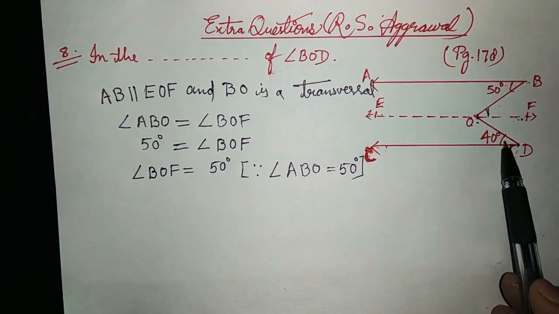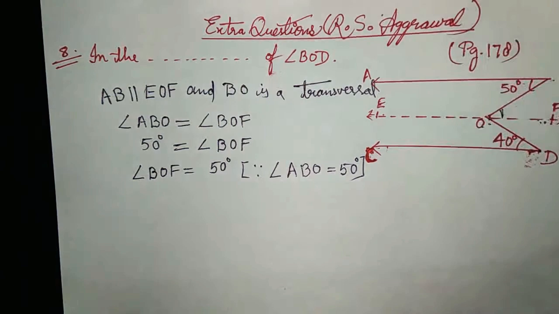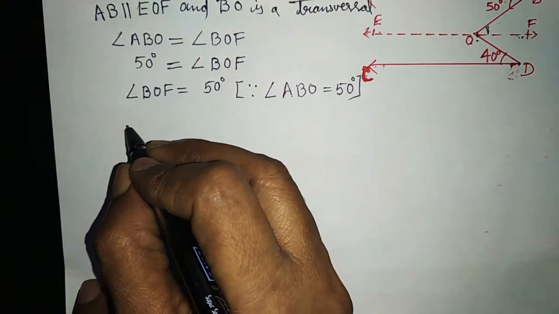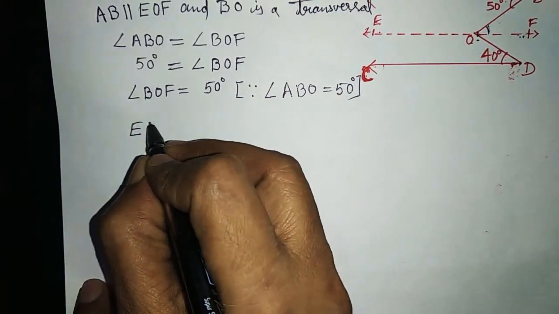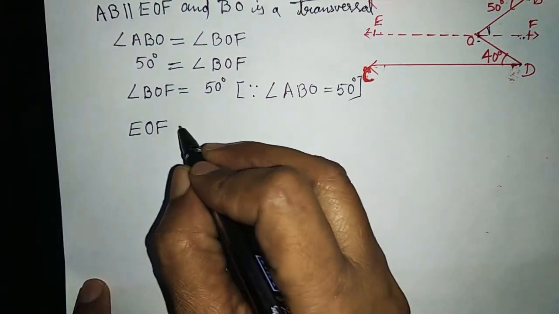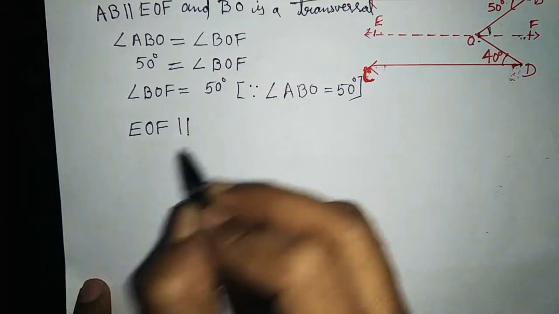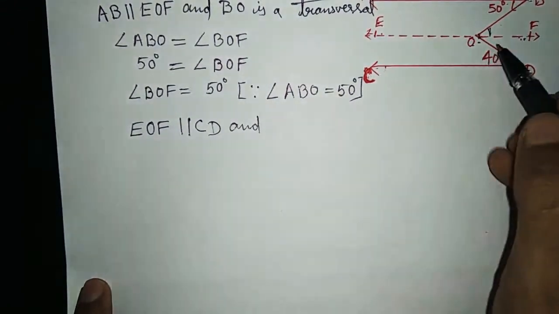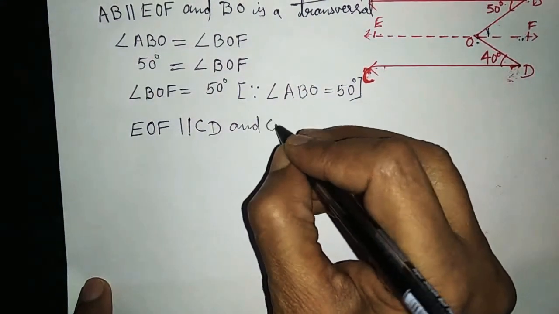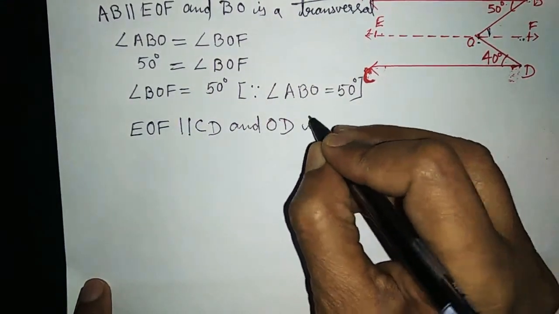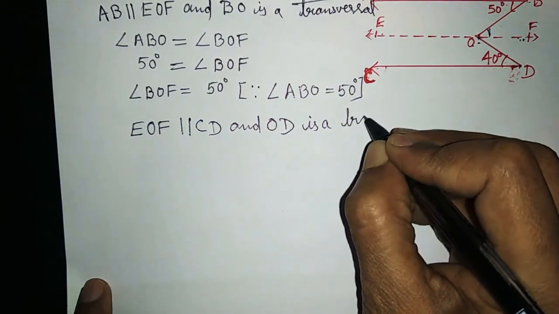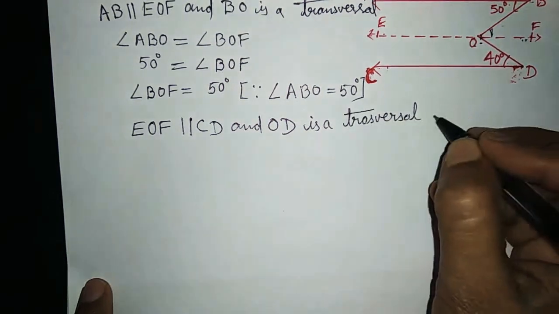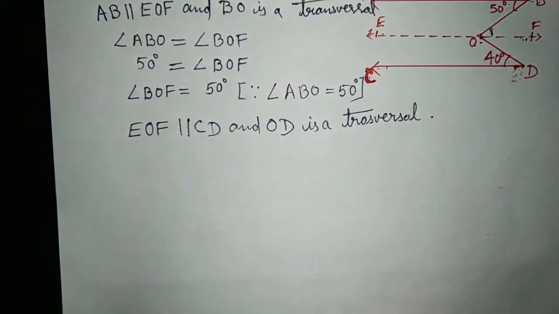So here we will write EOF line is parallel to CD, and here OD is a transversal for these two parallel lines.